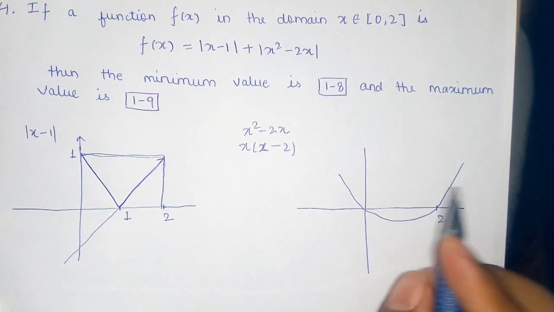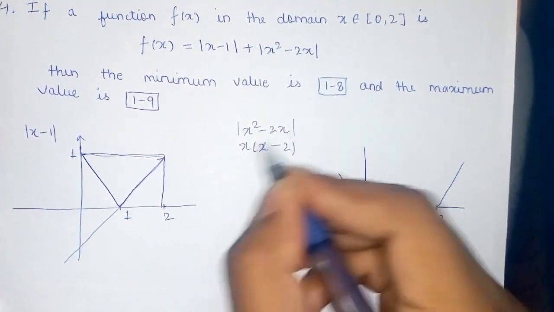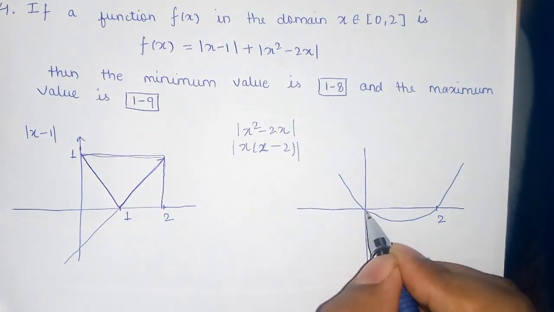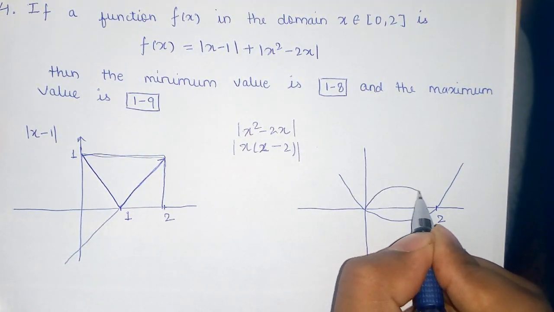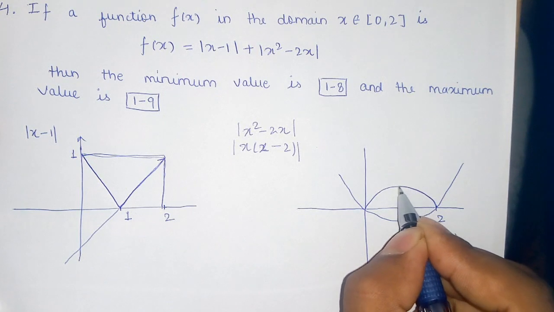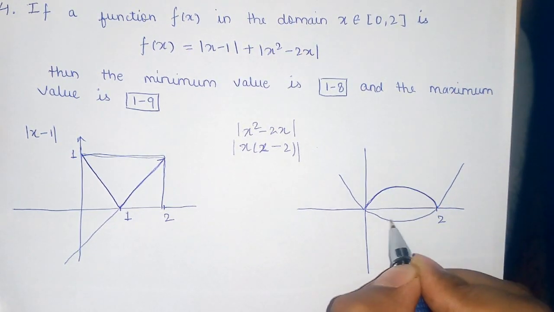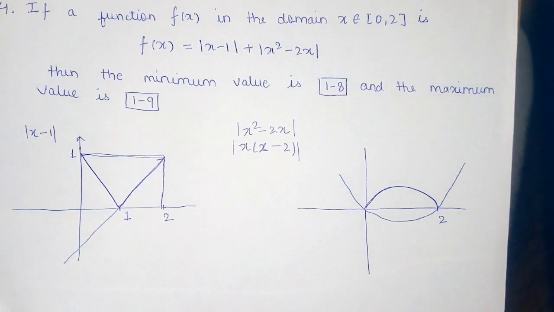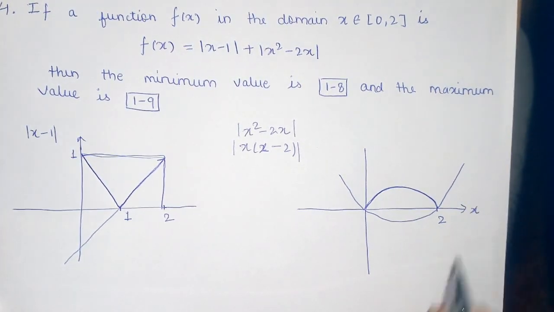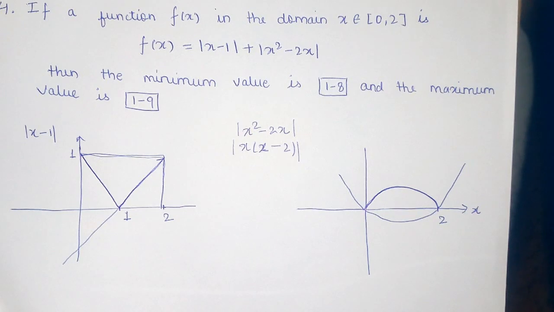If you take the mod of this, it just gets flipped around the x-axis. So flip this portion around the x-axis. This is the modulus of x squared minus 2x.